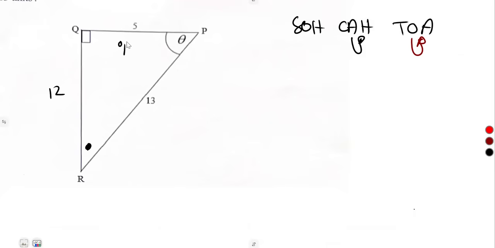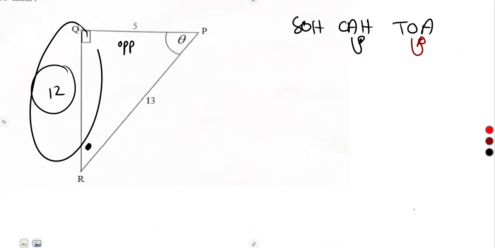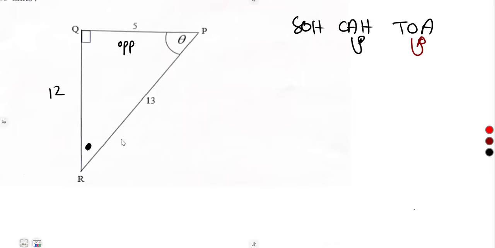So that's opposite this time. 12 is the adjacent. Angle R and Q at 90 degrees, they are adjacent to each other. The hypotenuse is not affected. It remains as it is, always facing what? 90 degrees. So the sides change according to the angle that you are referring to.